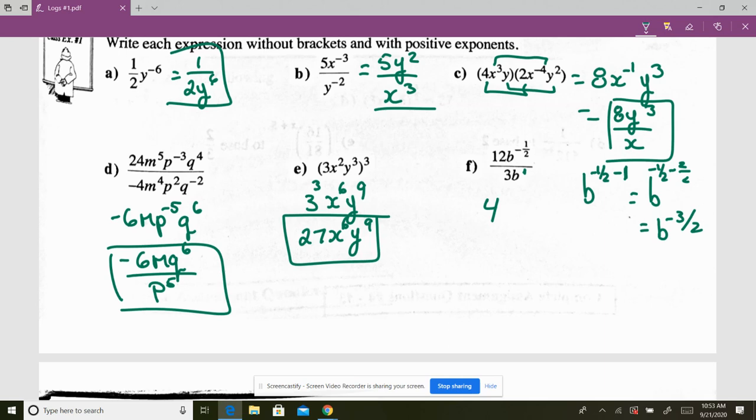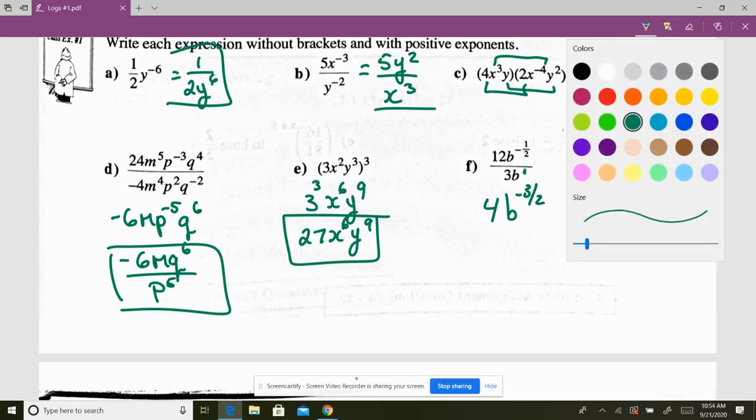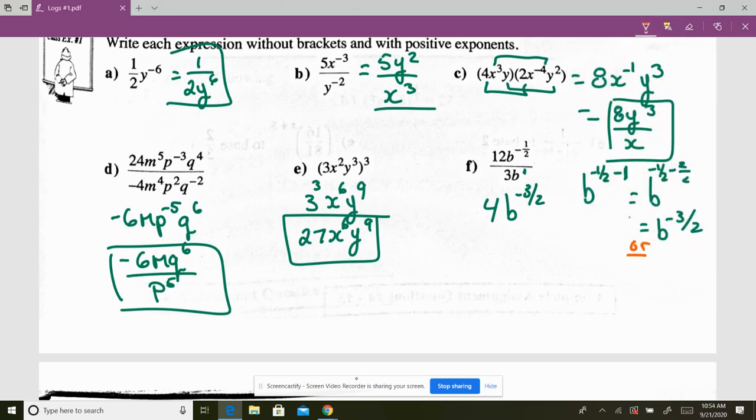So it's b to the negative 3/2. Or, if you really want to, you could do it as a decimal. Essentially, that's what you're doing. Negative 1/2 is negative 0.5, so it's negative 1.5, which is the same as b to the negative 3/2. I'll think less of you if you do it as decimals, but you probably don't care. I'm joking, I don't care which way you do it.